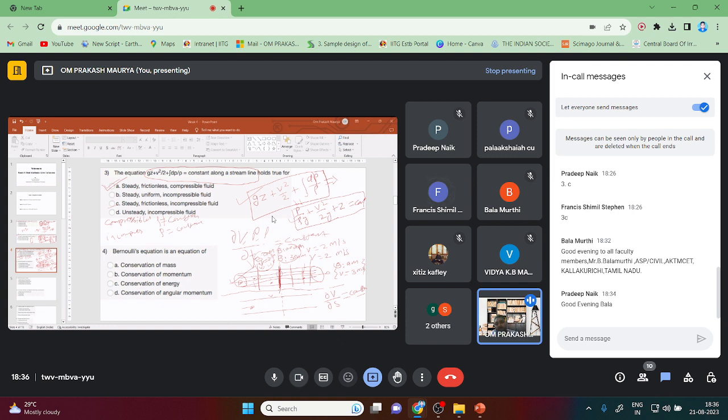Just so you know, the density is varying. The integration sign is indicating that rho is a function of something, so it is changing.